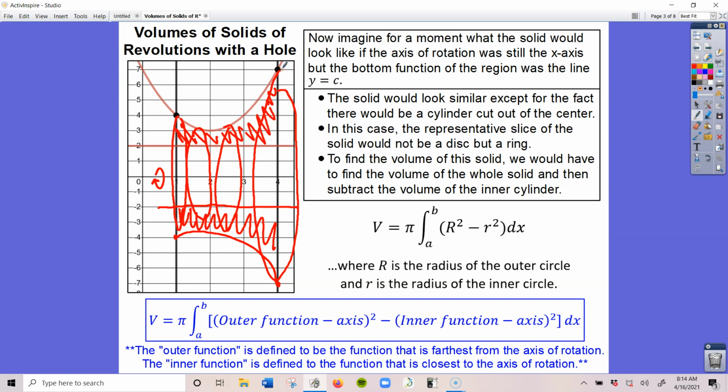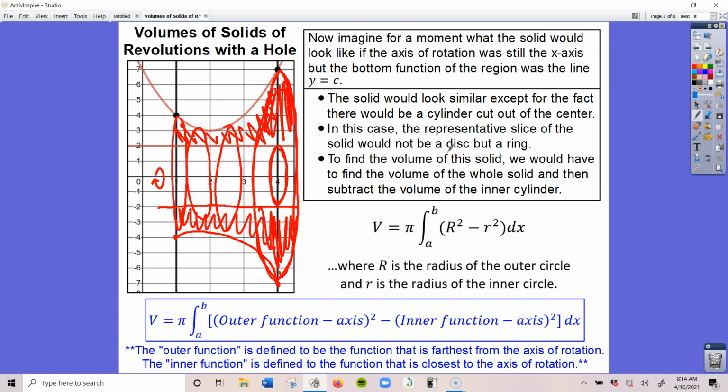And to draw out these discs a little bit, it's not necessarily a disc anymore, it is a ring, because we have this solid part. I'm going to fill this in a little bit more so you can see. And then we have this empty part here. Look at how this looks like a donut or a washer. This is called the washer method because it looks like a washer.